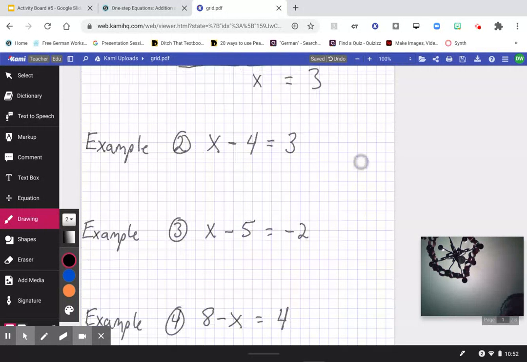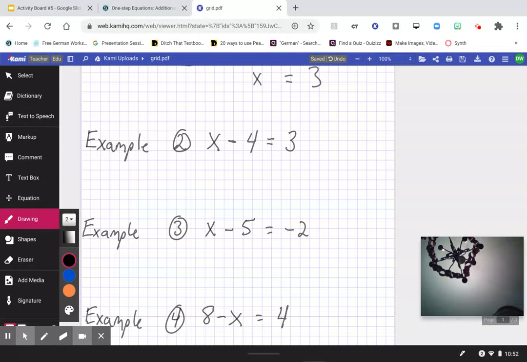Example number 2, x minus 4 equals 3. We're remembering opposite operations. So we have subtraction here with the negative 4. So we would like to add 4 to get rid of it. So we'll add 4 to one side plus the other side. And then the 4's cancel.